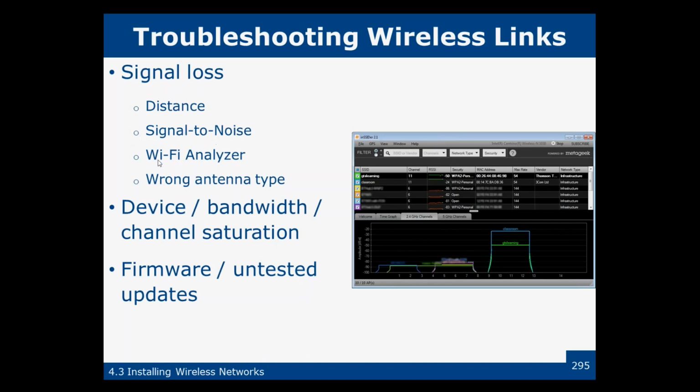The signal to noise ratio, Wi-Fi analyzer, signal loss, Wi-Fi analyzer to find out what kind of signal we have. Wrong antenna type can cause us issues, antenna mismatches when we do these things. Device and bandwidth channel separation, that means that we have too many devices connected to an access point, or too many devices trying to use that particular channel.